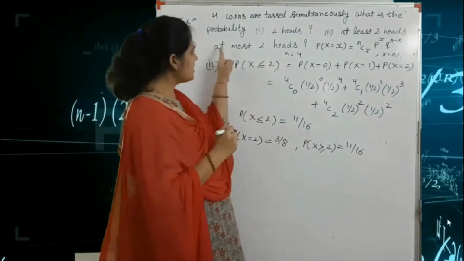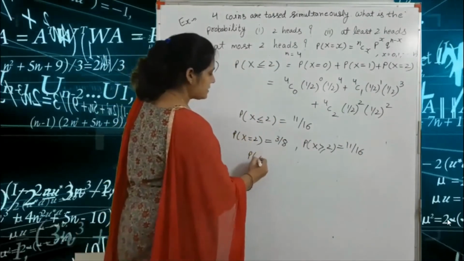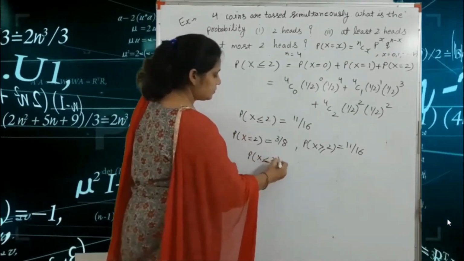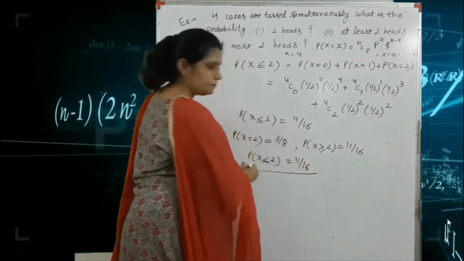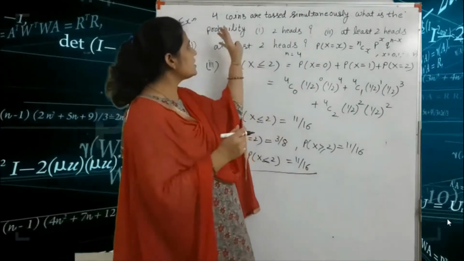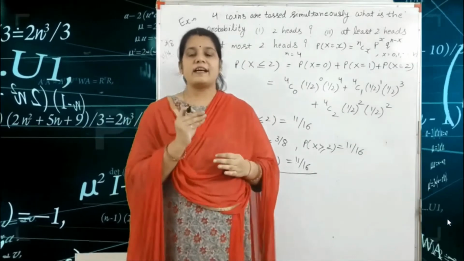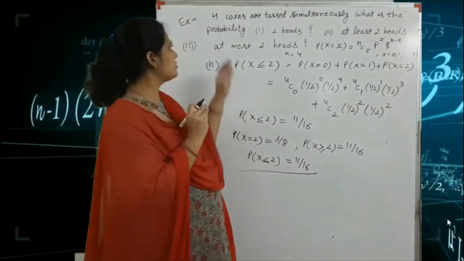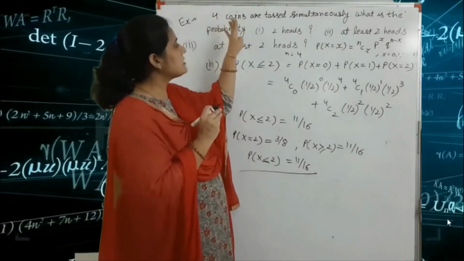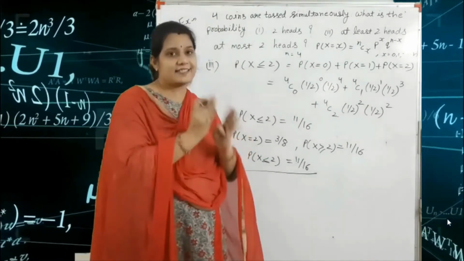And the last one is at most 2 heads, so P(x ≤ 2) is equal to 11/16. Okay, so these are questions depending on coins. Coins and dice based questions are very important from the examination point of view. So this is the example of at least, at most, and exactly.